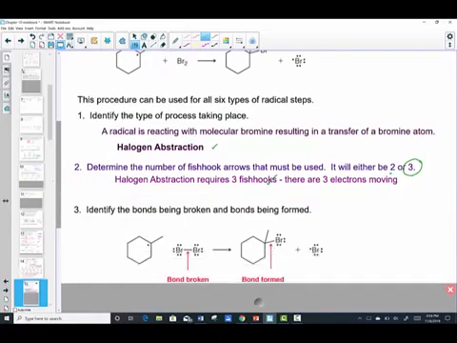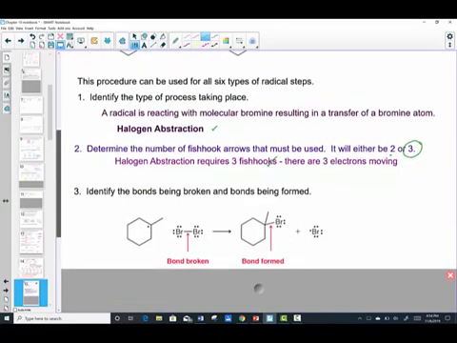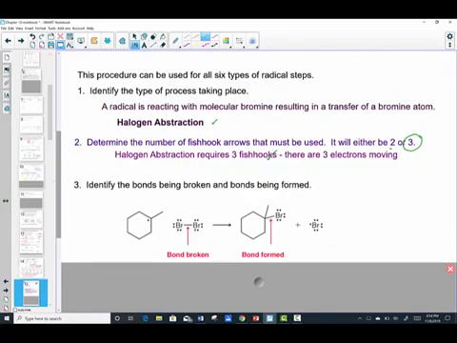We also wanted to encourage you to talk through where the bond is being broken and where the new bond is being formed. As we keep track of that bond broken and bond formed, that helps us figure out where the arrows are going to be placed. So for instance, let's color code those 2 electrons, and I'll place this electron as green.